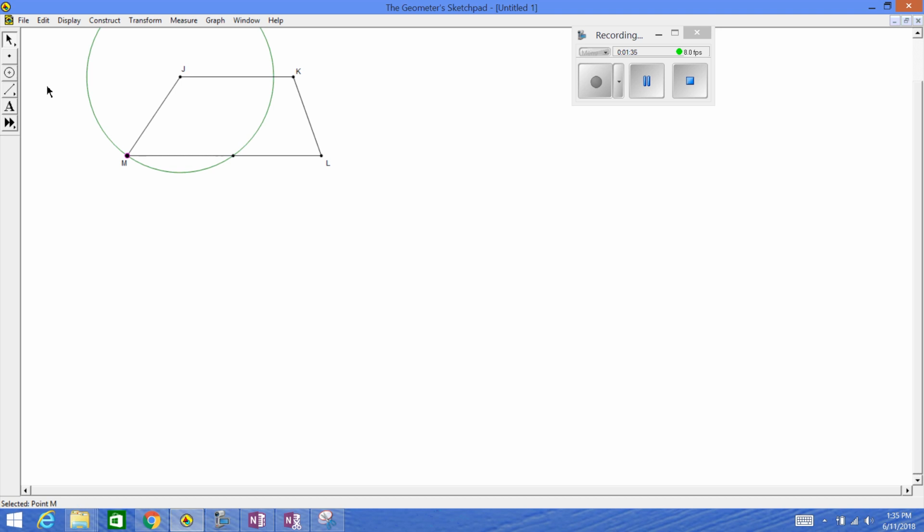So move number 2 is I'm going to construct, and I'll just pick any radius. I'll pick a radius right about there, more than halfway. I'm going to use this radius and construct a circle by center and radius. Now, I've got to use the same radius, but I want to put the center of my compass tool over there.